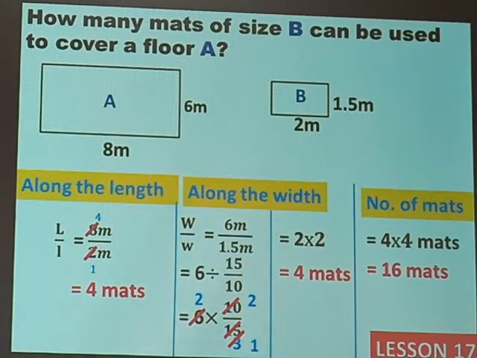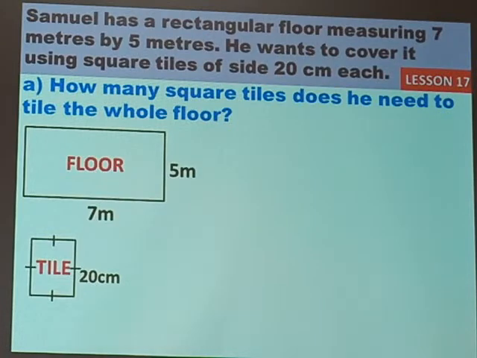Let's look at another question. Our question is there. Someone has a rectangular floor measuring 7 meters by 5 meters. He wants to cover it using square tiles of side 20 centimeters.